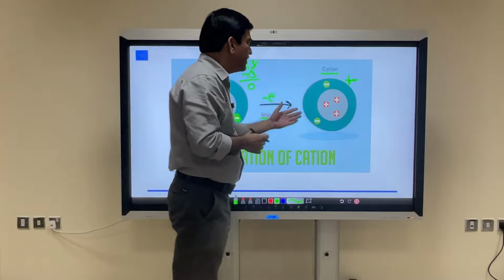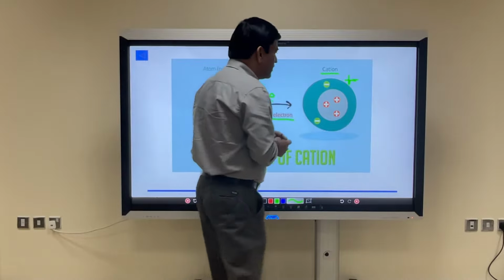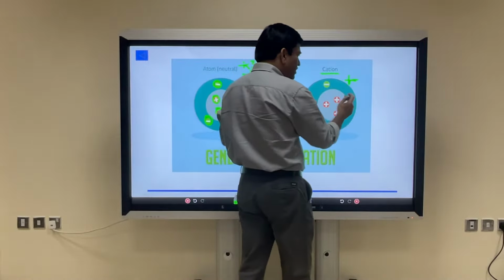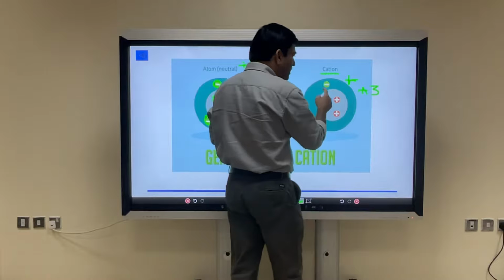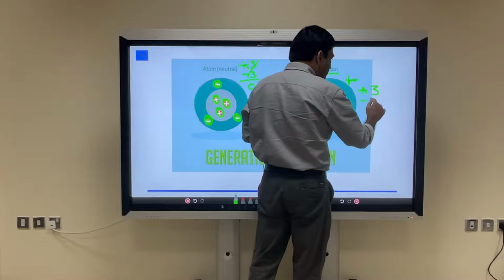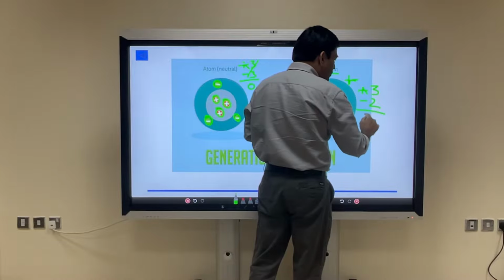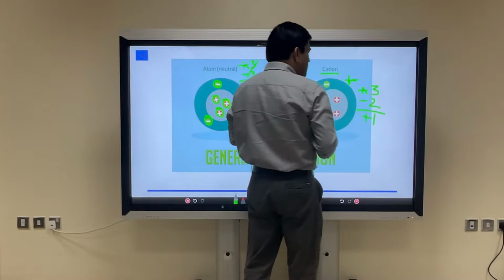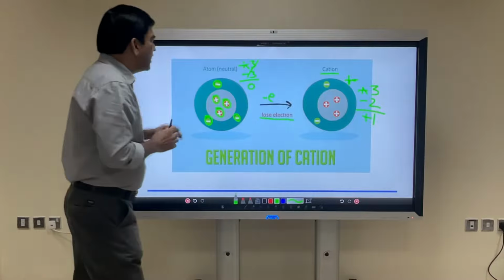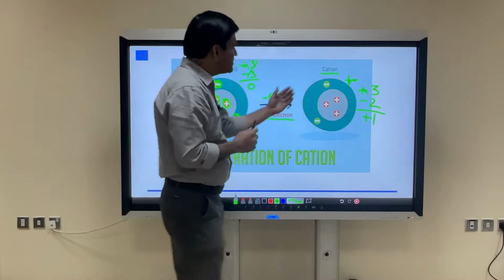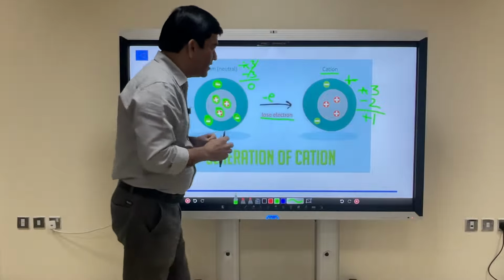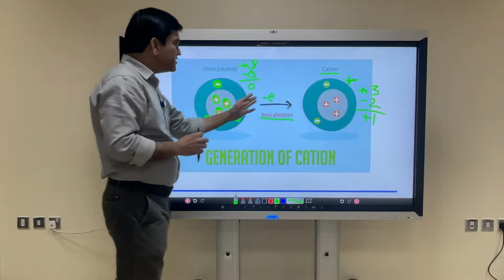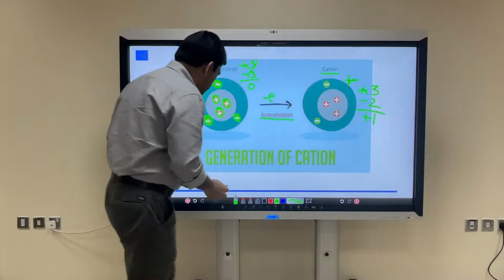You have +3 charge over here and -2, so the net is +1. So the moment a neutral atom loses an electron, it becomes a cation.